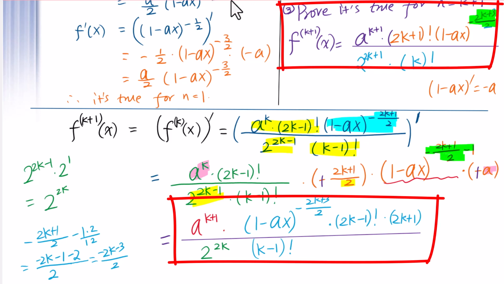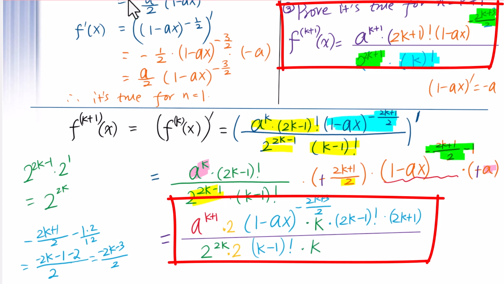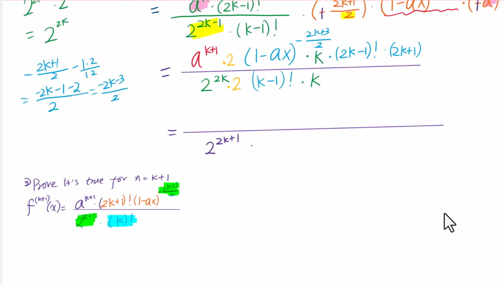We need 2 to the power of 2k plus 1. We got here 2 to the power of 2k. So we need to times 2 on the top and bottom. We need k factorial as a denominator. But we got this (k minus 1) factorial. So we times k to get this k factorial. Then you have to times k on the numerator.